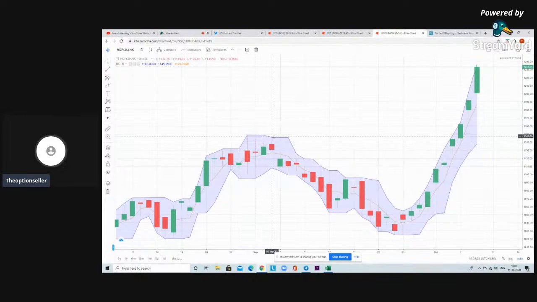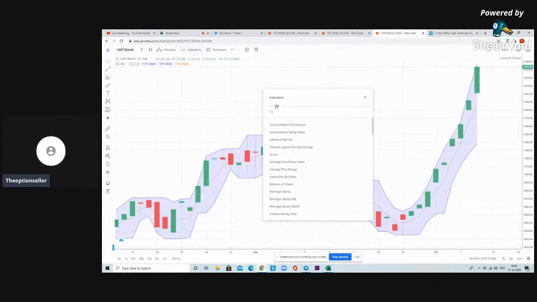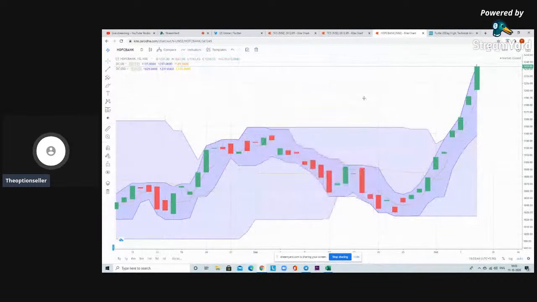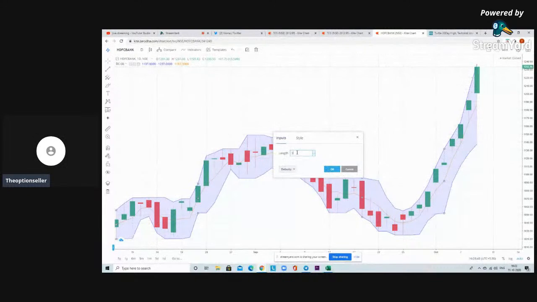What I have done is I have applied a Donchian channel indicator. This indicator is freely available on most trading platforms. In the Donchian channel, we need to use a 3 time period.